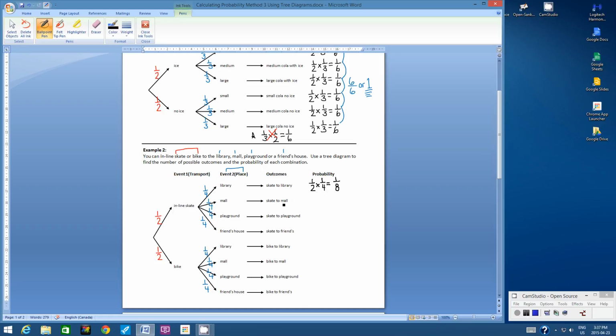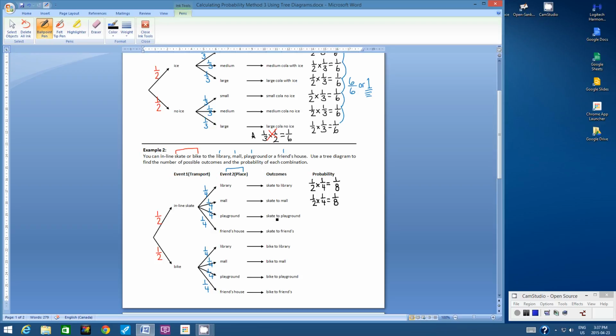So if we're going to skate to the mall, again, we follow along this branch. Skate is 1/2. And if we're going to go to the mall, that is this branch right here, 1/4. 1/2 times 1/4, we've seen this question before, is 1/8.